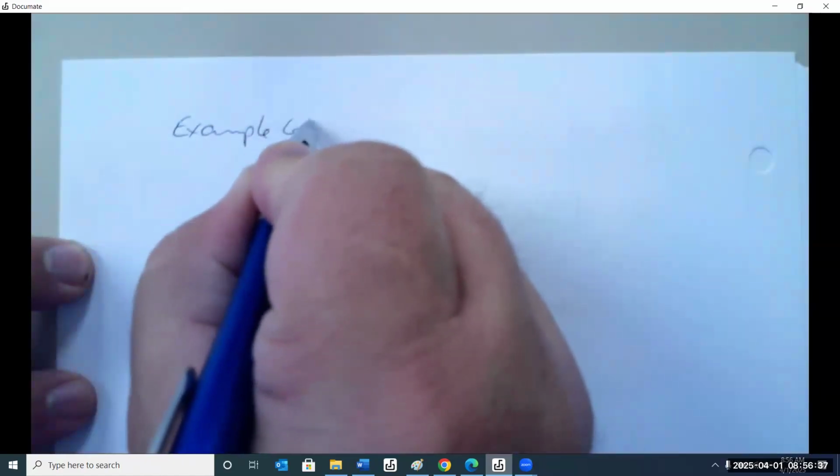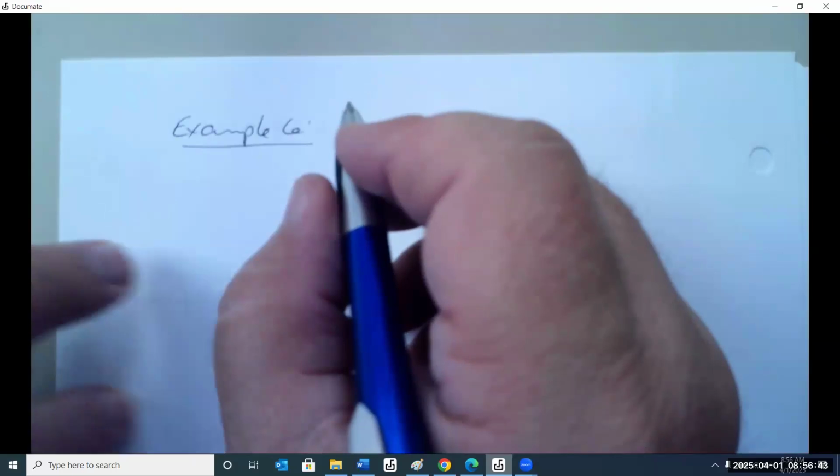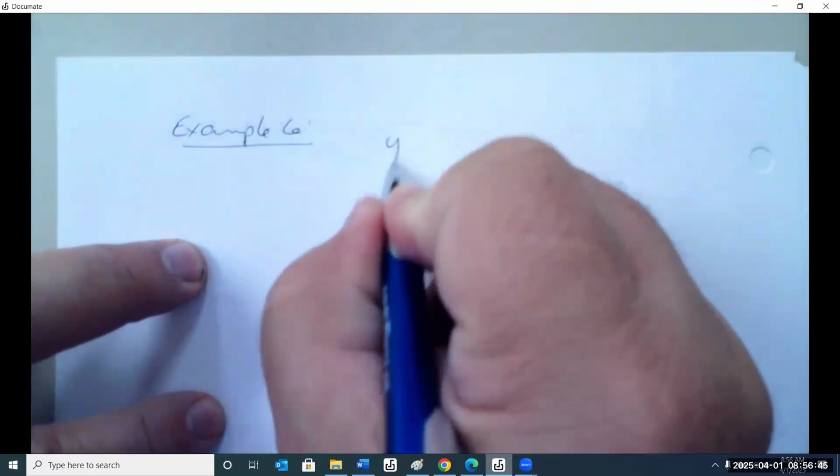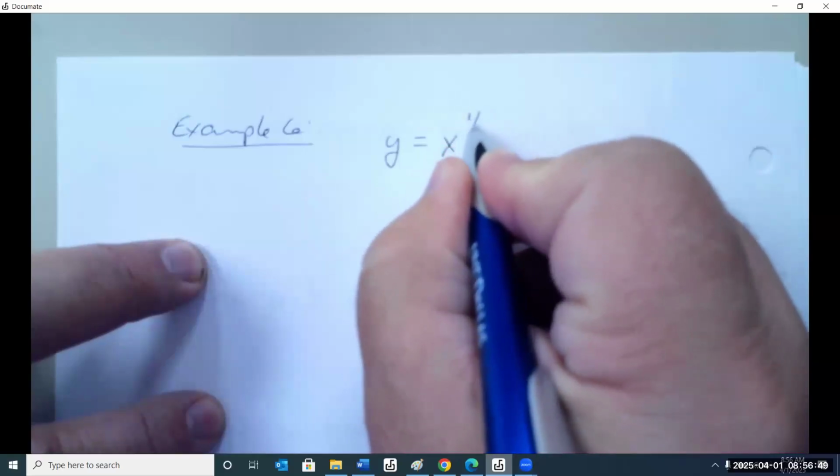The next example. Okay, y equals x to the power 1/3.